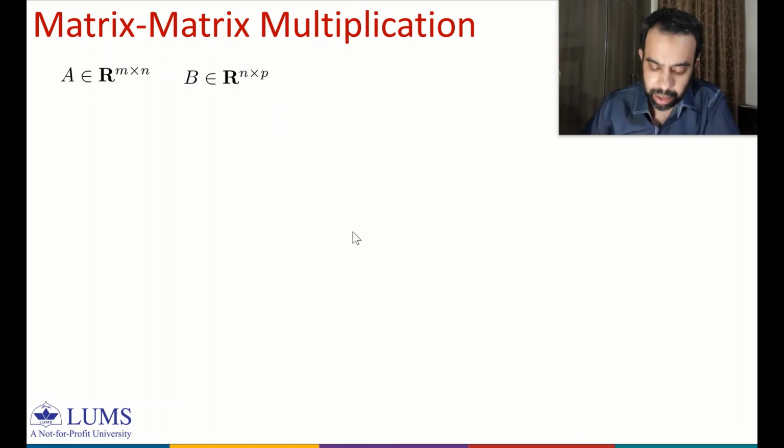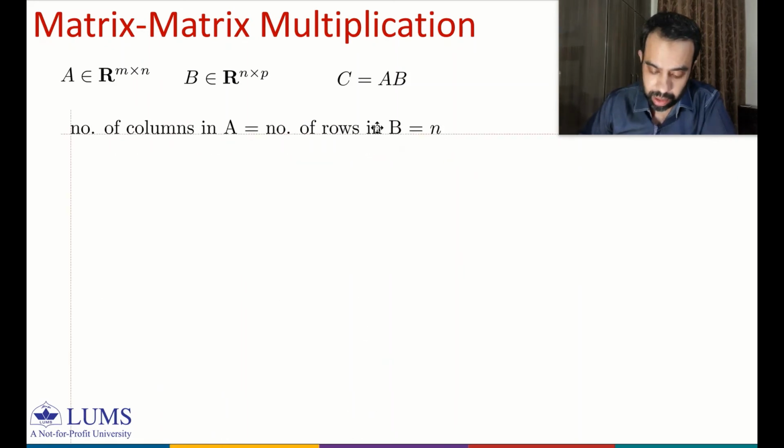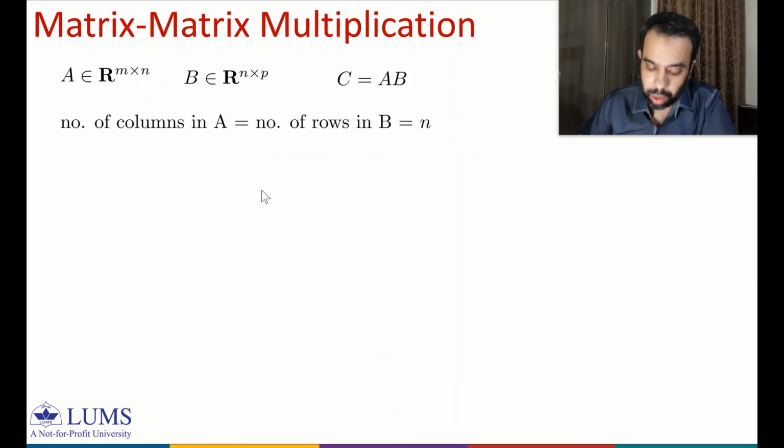We define the multiplication of A and B as A times B, and say what we get is matrix C as a result of multiplication of matrix A and matrix B. Let me explain the entries of this C and relate those entries with the entries of A and B. First we note that this multiplication is compatible only when the number of columns in A is equal to the number of rows in B. We say this multiplication is compatible only when this condition holds, right?